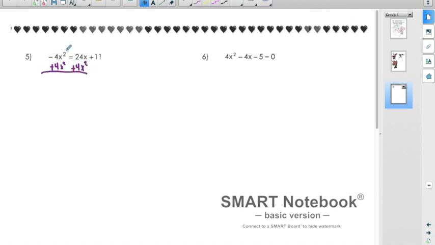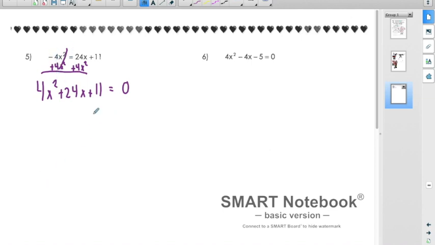The whole reason is I'm going to get a positive 4x squared now. So I'll have 4x squared plus 24x plus 11 equals 0. I did my own first step because I saw that negative there.